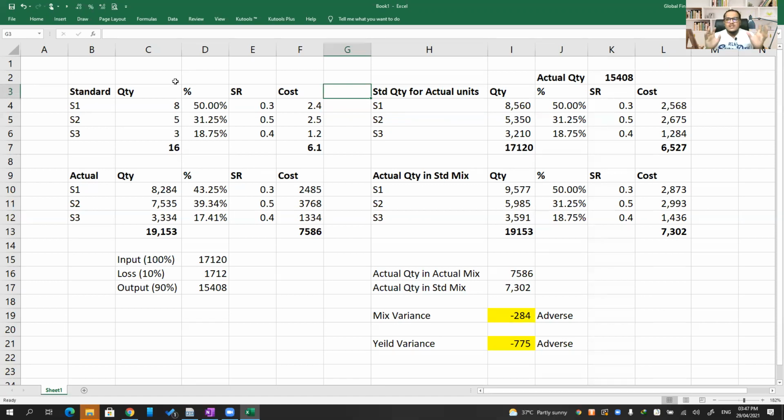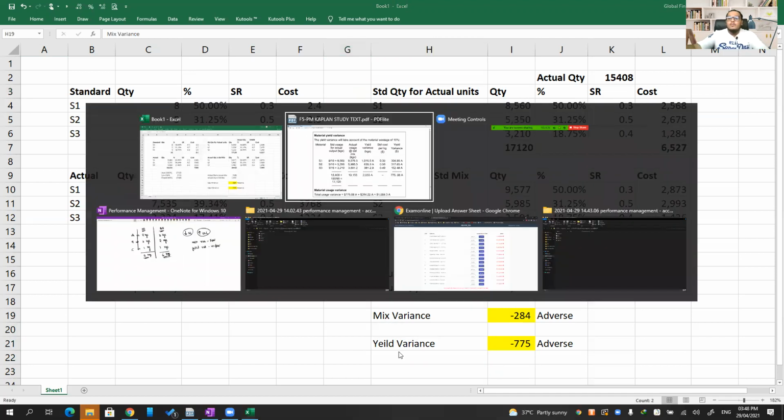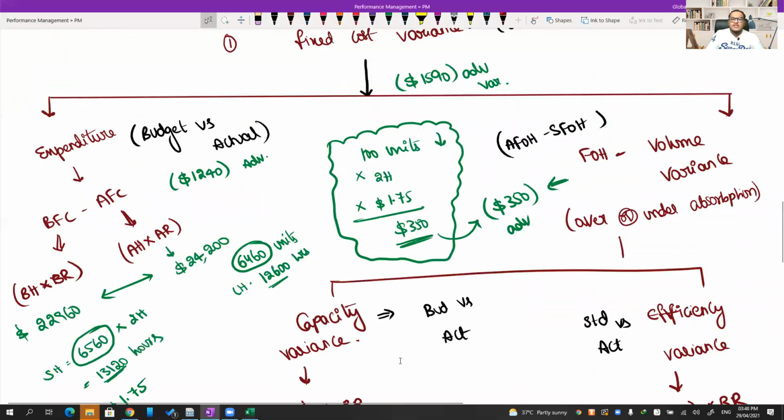So how much is it changing because of changing the mix of the elements, and how much is it because of actual efficiency levels? This mix variance and yield variance are a split up of the usage variance that we discussed earlier.